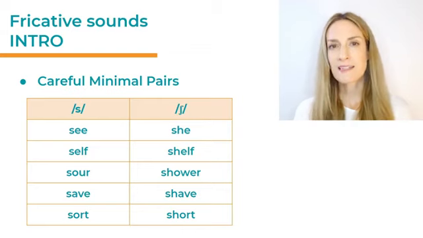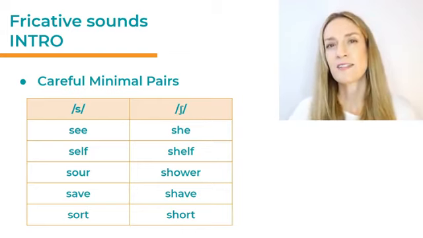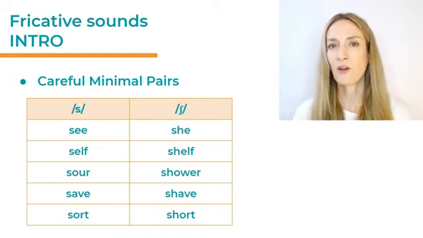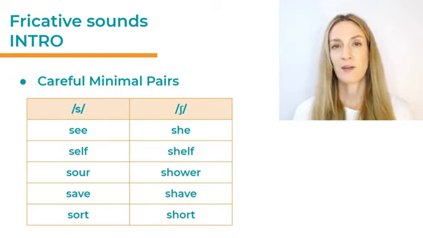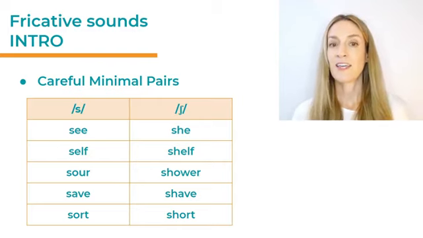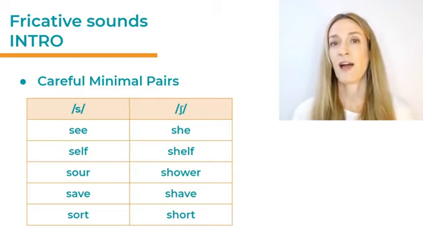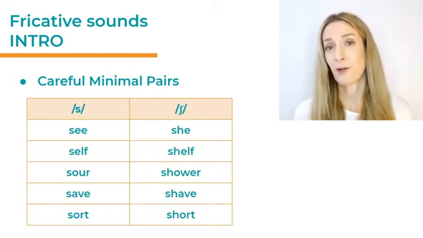I know the spelling is different, but if I were to transcribe them, you could see that the sounds are exactly the same in these words, and the only difference is the first sound. The first column of words on the left all have a s, whereas the other words on the right all have a sh to start with. But they are very different words, and they all have a different meaning to one another.